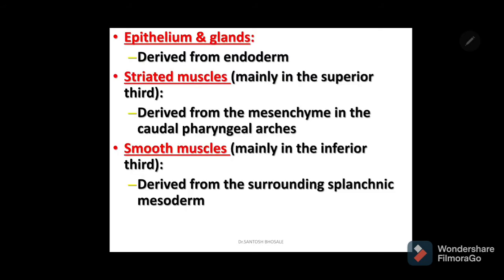The epithelium and the glands lining the esophagus are derived from the endoderm of the foregut, that you can say postpharyngeal part of the foregut, whereas the striated muscle in the upper one third of the esophagus is mainly derived from the somatic mesoderm, whereas smooth muscles are from the splanchnic mesoderm.